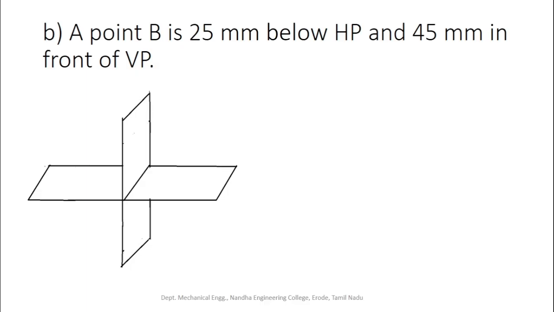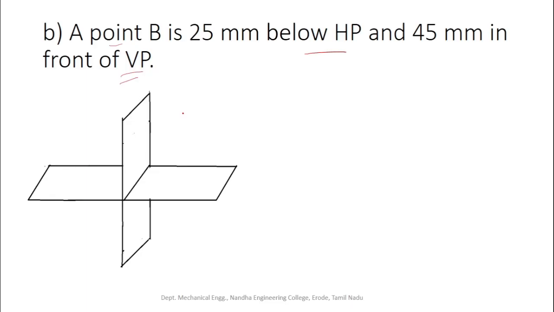Next, to describe the location of the point to which the projection is to be made, they will use terminology like this. One reference is given with respect to HP, and another reference of location will be given with respect to VP. First, we will consider the description of location of the object with respect to HP.